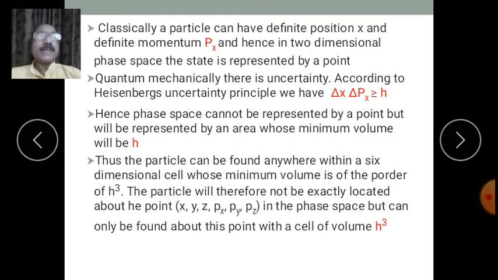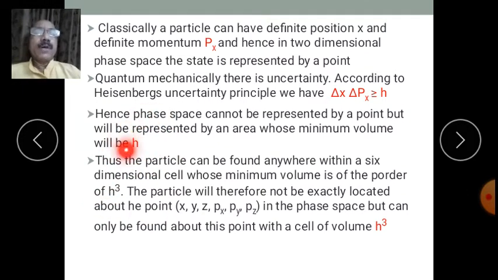Hence, the phase space cannot be represented by a point, but it will be represented by an area whose minimum volume is h cube, isn't it?